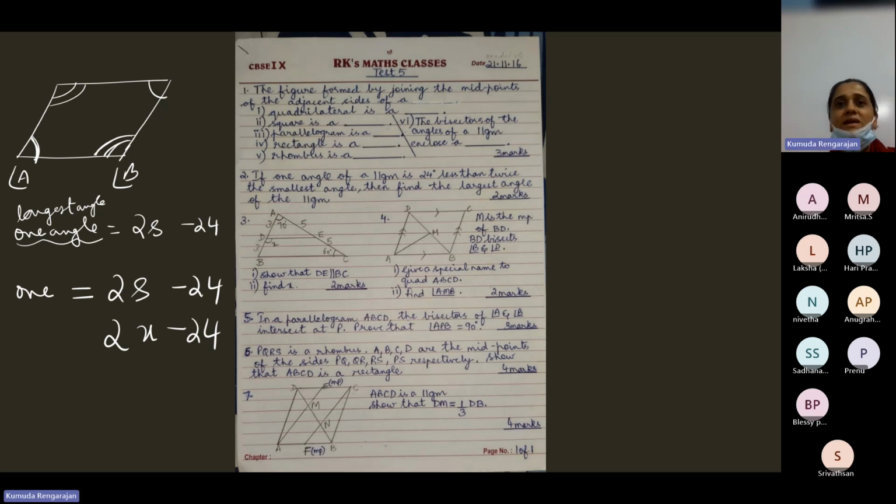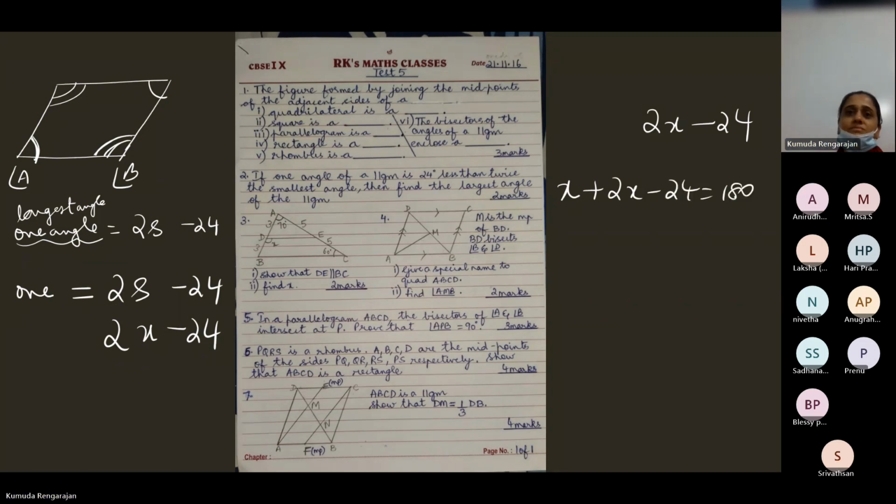So the largest angle is 2x minus 24. The smallest angle x plus the largest angle 2x minus 24 is equal to 180, because the adjacent angles are supplementary.